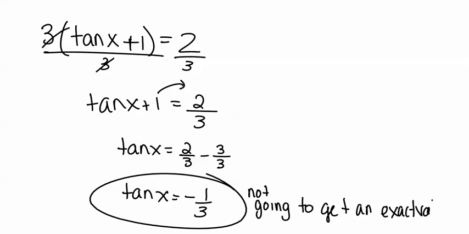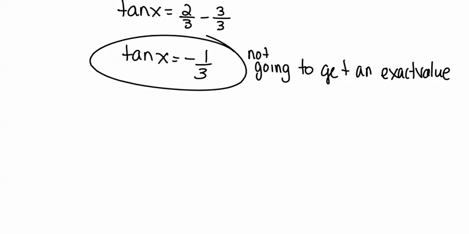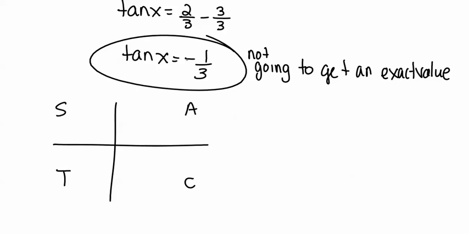And if we're trying to solve it for the interval between 0 and 2 pi, we can think about it in terms of this guy, CAST. So it turns out our tan ratio is negative. So we don't want it to occur here because it'll be positive and it'll be positive here. So actually we're only going to get 2 answers.